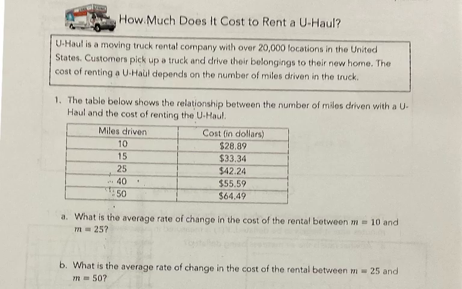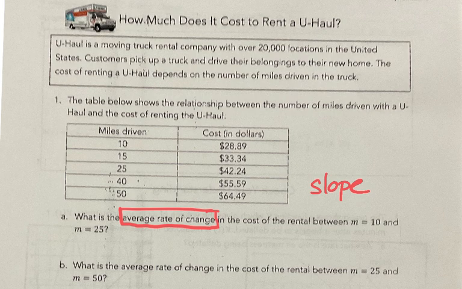So when you look at this, this is a very key phrase. Average rate of change. What do you guys think of when you see average rate of change? That's a good one. When you see average rate of change, I want you to think slope.